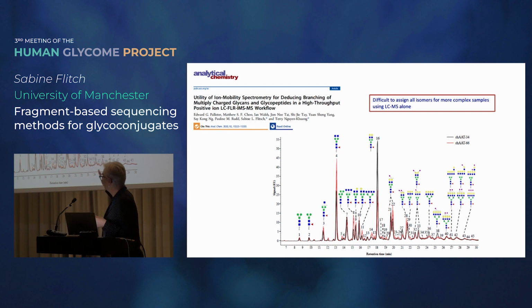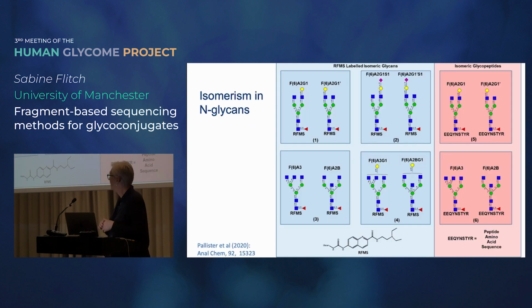And by taking these peaks and sending them through an ion mobility, so basically sticking with their HILIC method, but just adding the ion mobility step in line, they managed to really separate a lot of these isomers. Because it's a fragment-based approach, it doesn't really matter whether you do glycoproteomics or whether you use these labeling techniques.